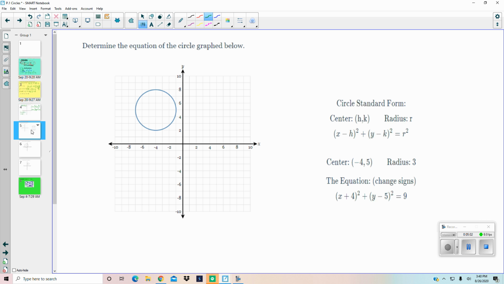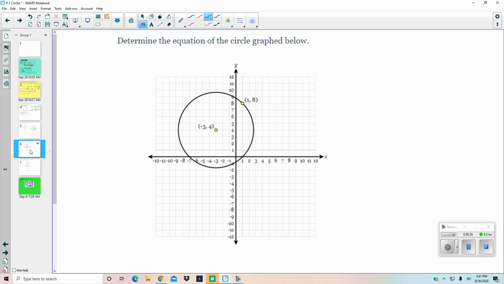Here I have the answer on the right. I didn't mean to give you the answer, but let's look at this circle. Here's my center, (-4, 5), and that's a distance of 3, so my radius is 3. There my equation is (x + 4)² + (y - 5)² = 3², which is 9.